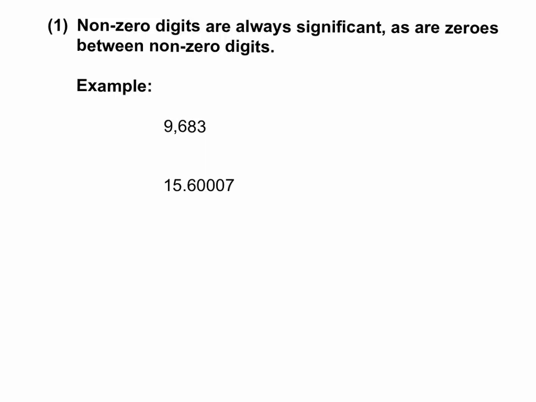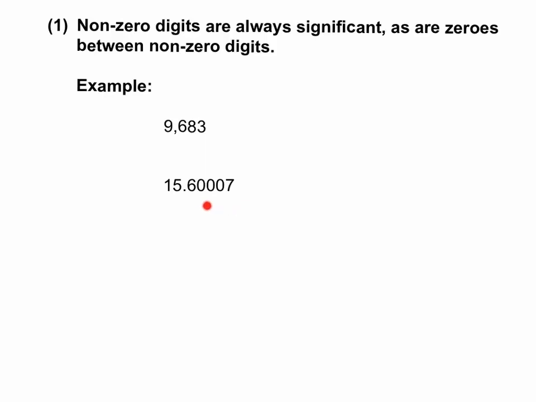So if you take a look at these two examples here, in the first example, you should quickly notice that there are 1, 2, 3, 4 digits, none of which are zeros. So this measurement here would have 4 significant figures. In our second example, 15.60007, you'll notice that there are 1, 2, 3 numbers that are not zero, and then another number at the end that is not zero.